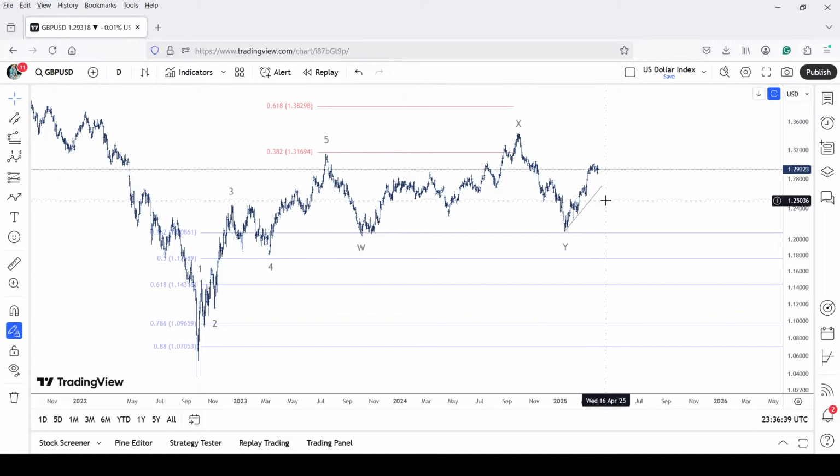Now the stop loss in this case is going to be around 1.25, and even though it's offering 400 points of risk, we can see 600 points of reward going forward. All right, so that's something we should be keeping in mind.